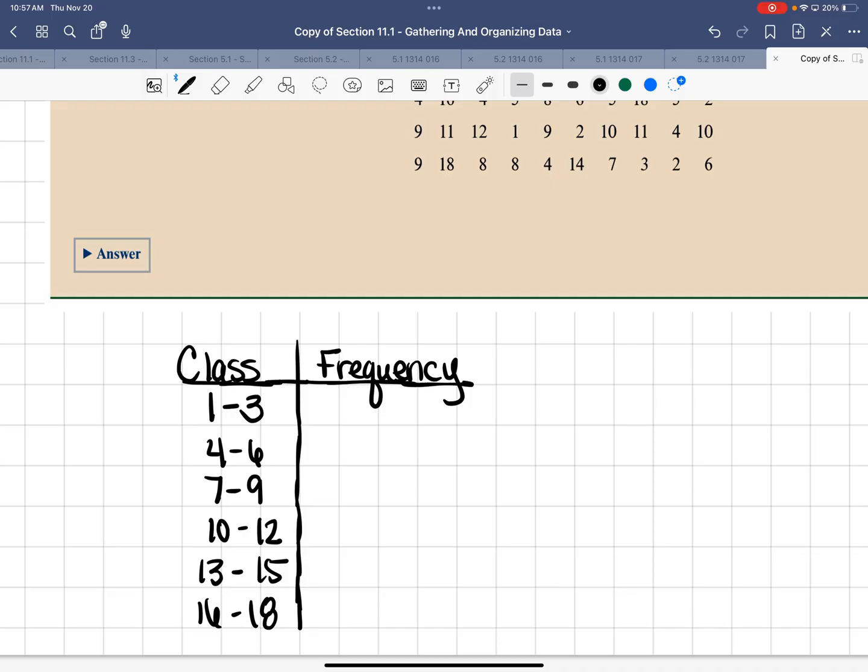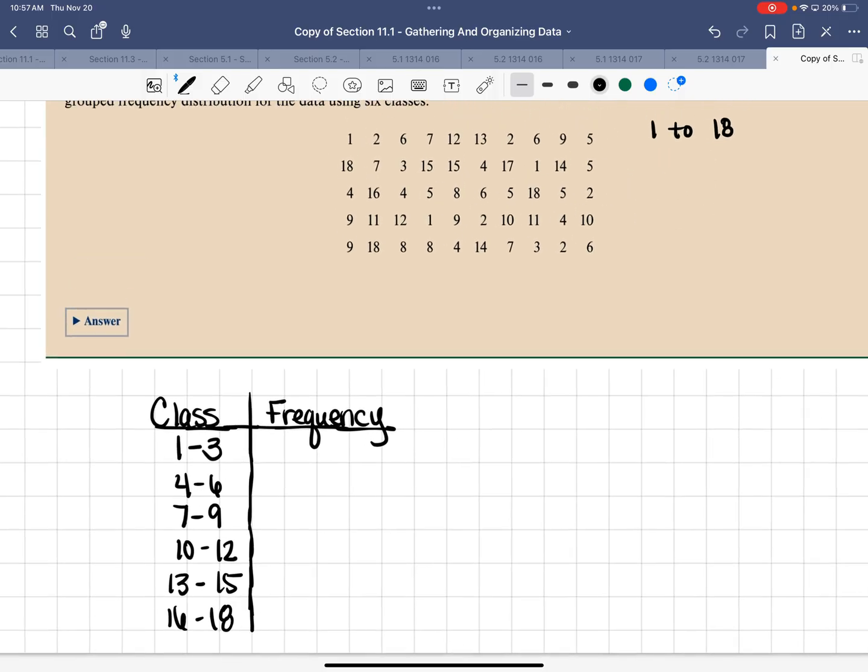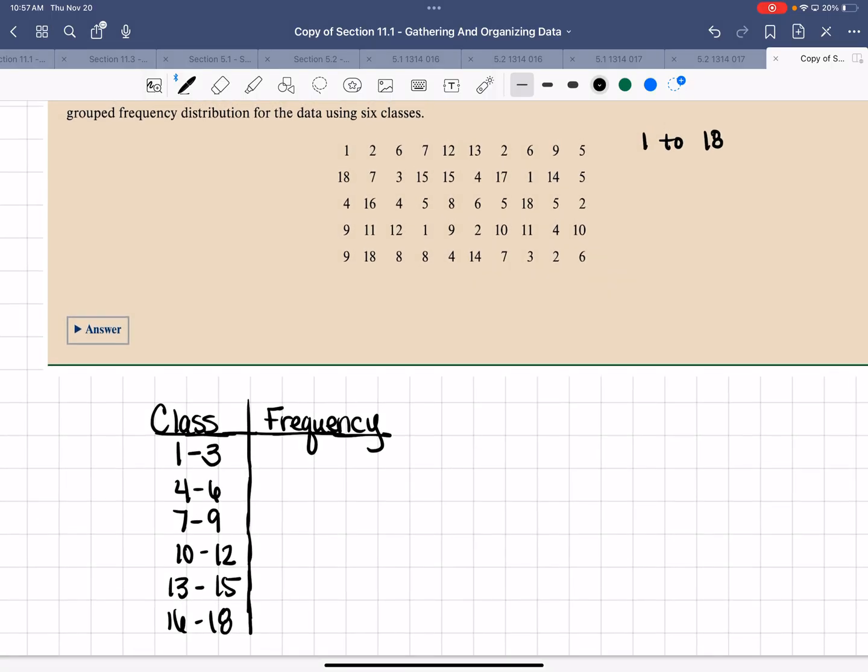So I go back up here to my list of data and I need to know how many numbers there are where a student studied 1 hour, 2 hours, or 3 hours. Okay, so there's 1, 2, there's a 2. I'll go back and count in just a minute.